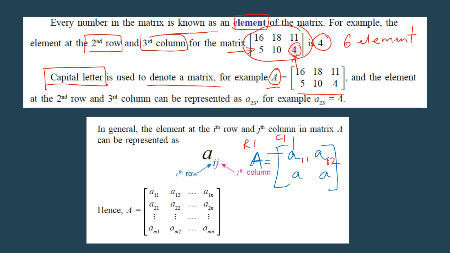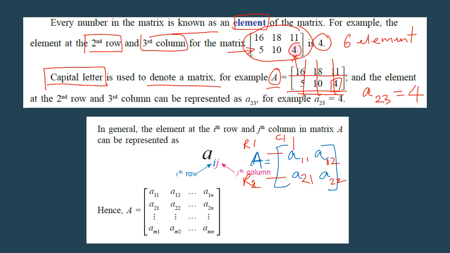For this a, this is the second row, but first column. So this is a21. This one is second row, second column. So if I say number 4 here, check, it is second row, and third column. So the element a23 is 4.